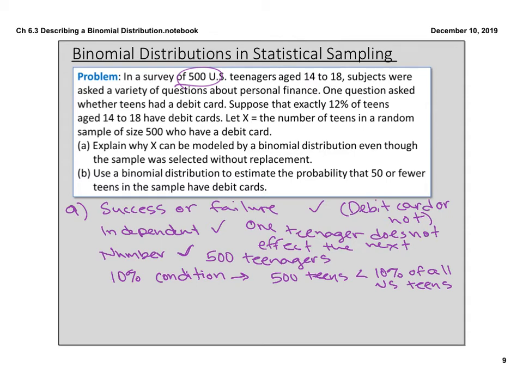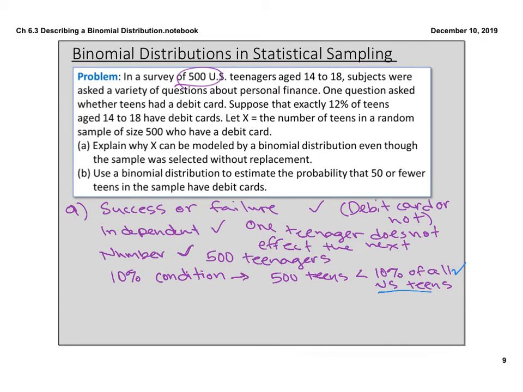Even if you think about just Farmington High School, it's 2,500 teens. You put two high schools together, you've got 5,000 teens. That's less than 10%, and we're talking about all U.S. teens. That's going to be millions of people, okay? So 500 teens is certainly less than 10% of all U.S. teens. So we're good there. My 10% condition checks out, so I'm allowed to use a binomial distribution because of all of those things.